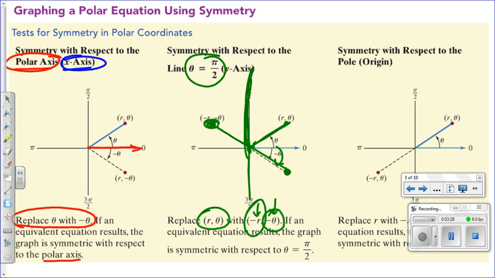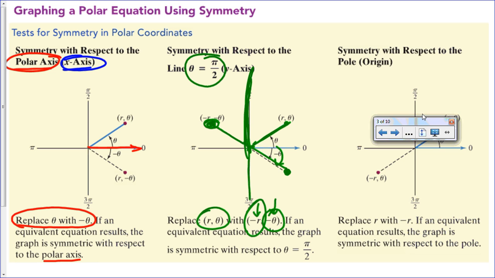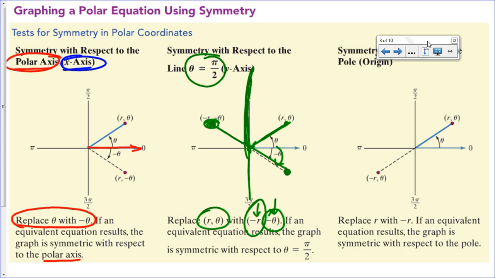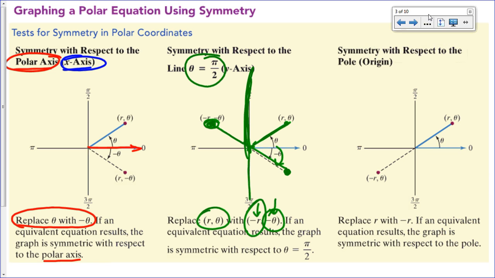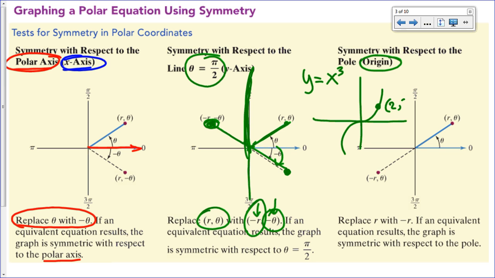Okay. Now the third type of symmetry is what we will call symmetry with respect to the origin. And just so you remember, a very famous function that has symmetry with respect to the origin is x to the third power. For example, a point here, 2, 8, over here, it will be negative 2, negative 8.